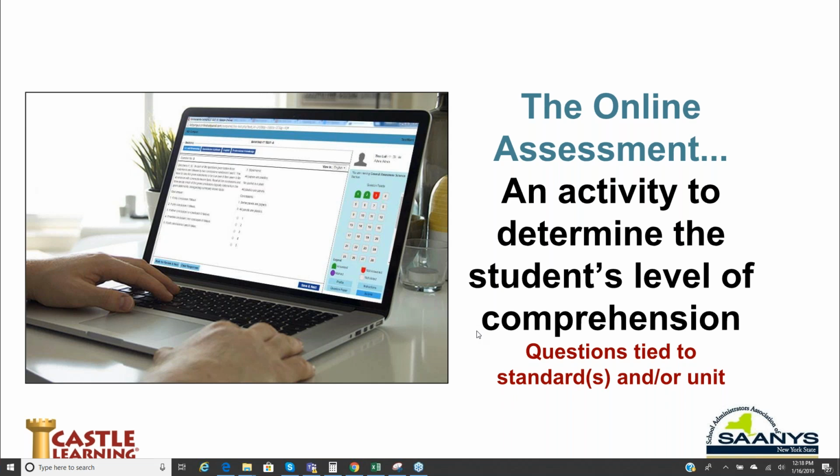The next part of this process after the instruction is we've got to have the student participate in some type of test or assessment to determine if they understood what they got out of the instruction. So that's got to be part of the resource, providing some type of benchmark, for lack of a better word, that's going to give the student an opportunity to take that activity right online.